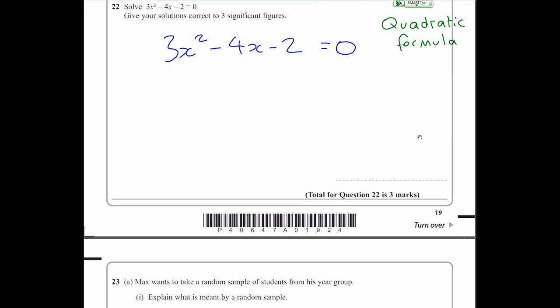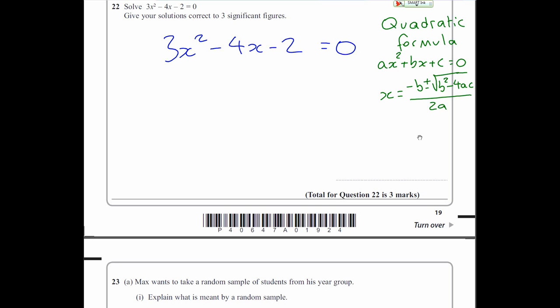If you go to your front page, you'll find the quadratic formula. It says that if you have the equation ax squared plus bx plus c equals 0, you can use x equals minus b plus or minus square root b squared minus 4ac all over 2a.